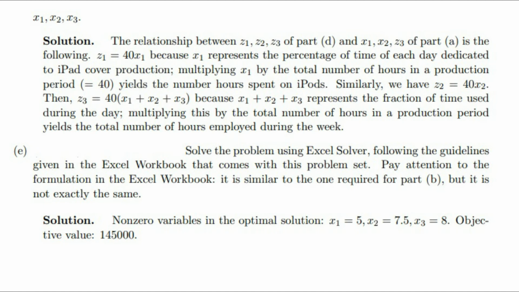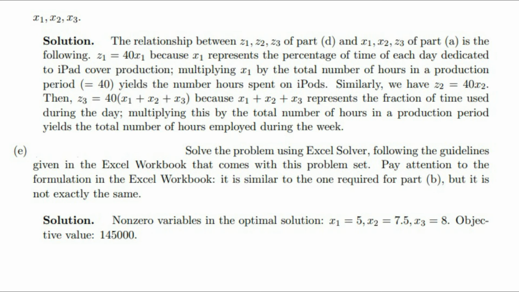The relationship is the following. Z1 equals 40 X1, because X1 represents the percentage of time of each day dedicated to iPod cover production. Multiplying X1 by the total number of hours in a production period, that is 40, yields the number of hours spent on iPods.